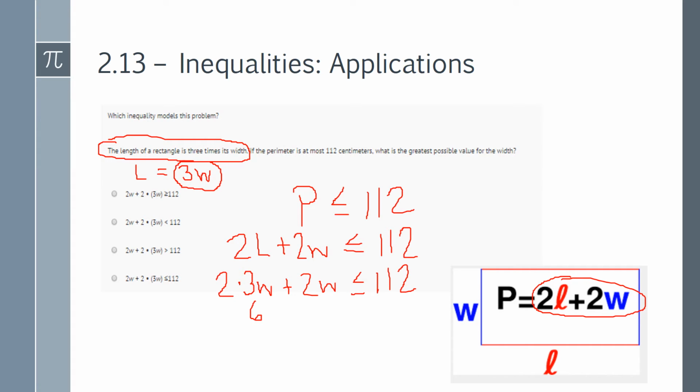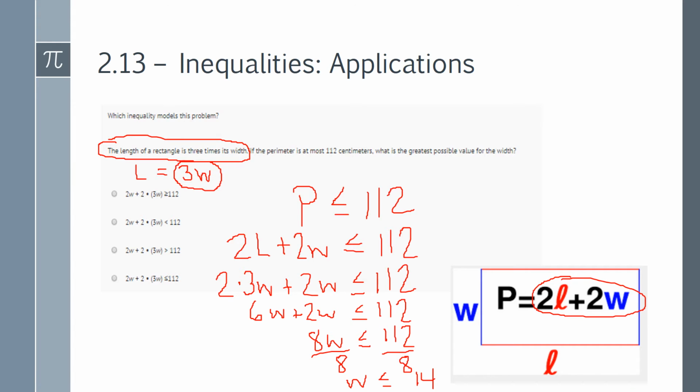This is 6w plus 2w. That's 8w. To get rid of that 8, it's being multiplied, so I'm going to divide both sides by 8. Grab my calculator and make sure I don't mess up my math. And I get 14. So w is less than or equal to 14.